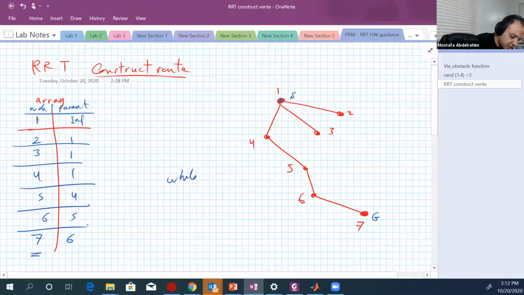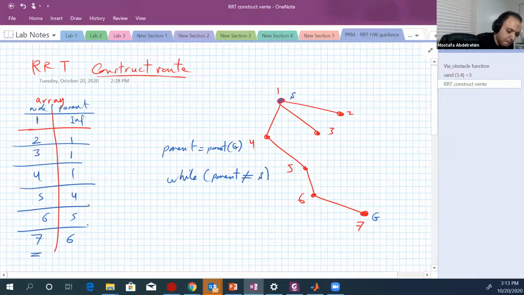So while the parent doesn't equal the start, you do this: parent equals the array of the current parent and 2.